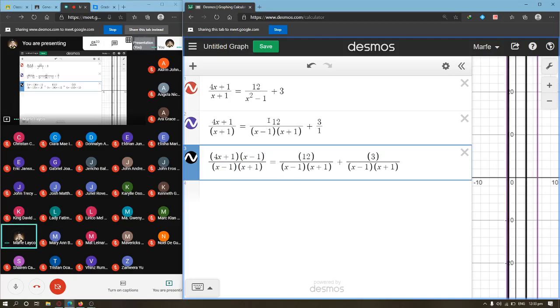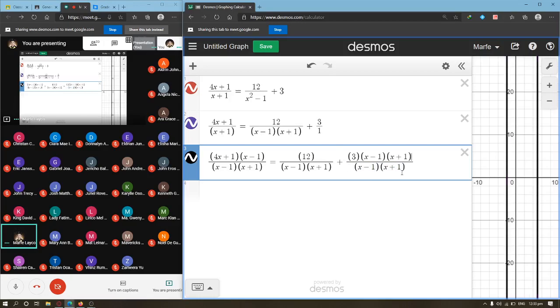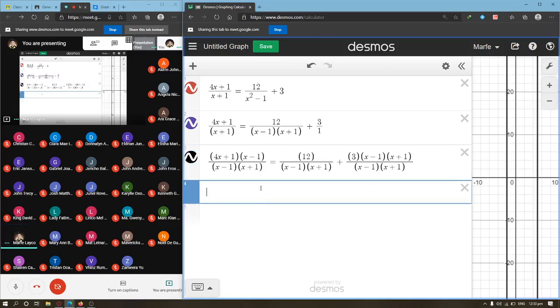Next, ito, as is. Ito, wala kang makikitang x minus 1, x plus 1. So, yung multiply mo buong buo. Ito, with this one. Okay? Next. Dahil ganyan na yung equation natin, ano susunod na gagawin?